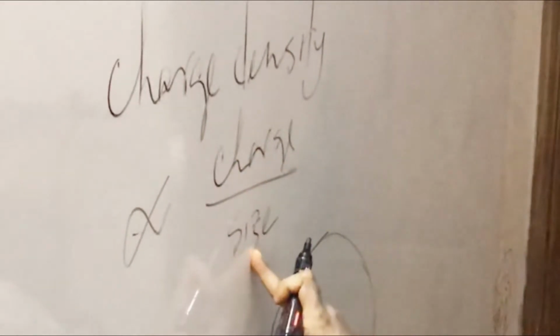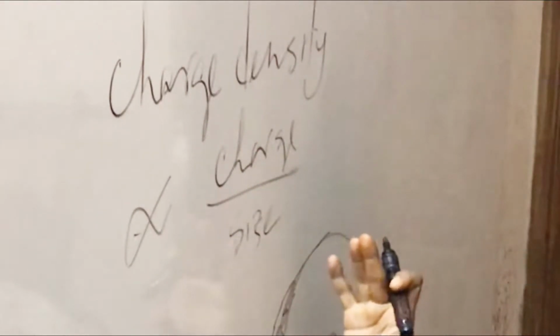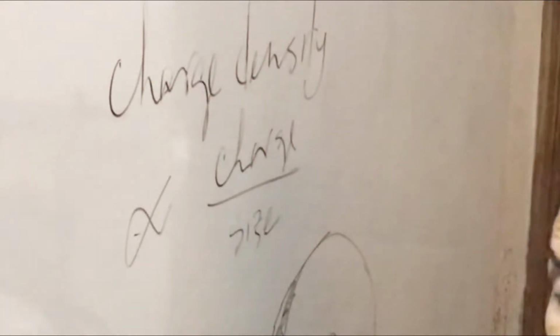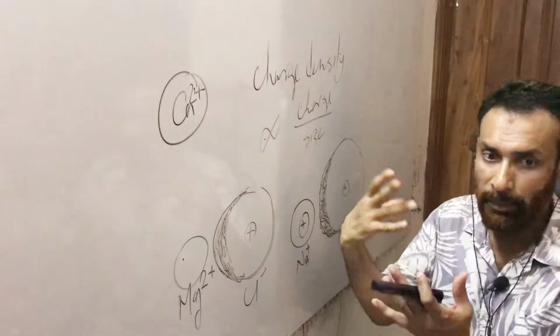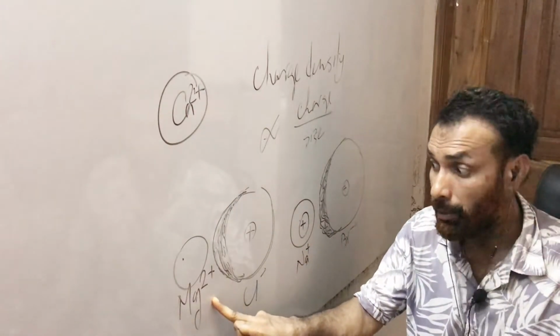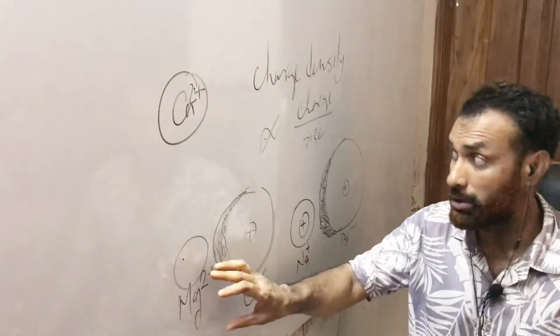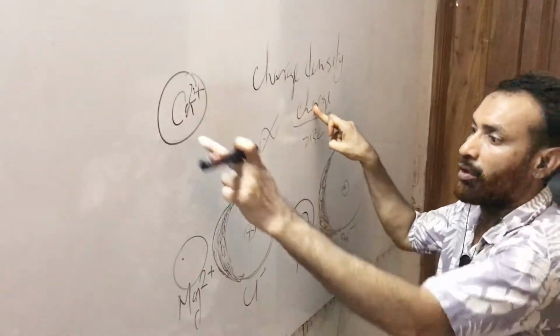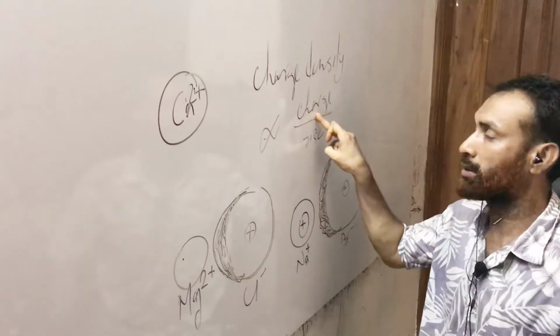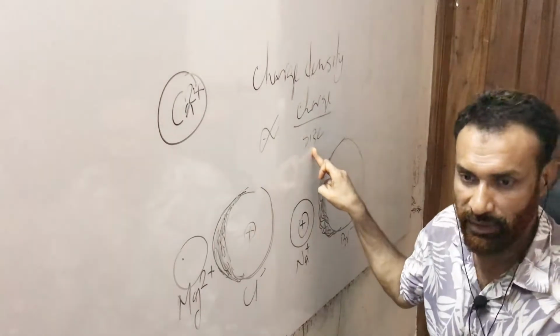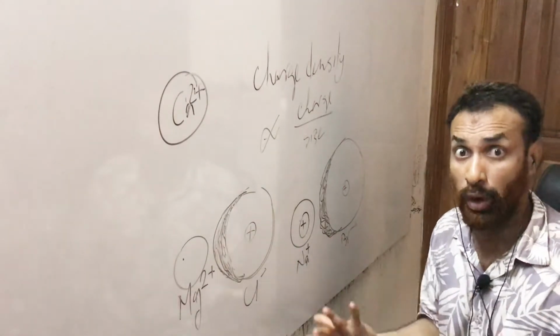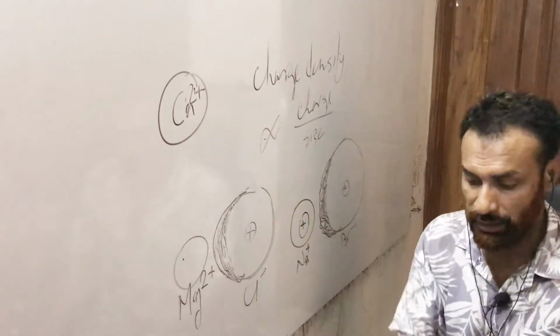And here you get size. If size is bigger, then charge density will be lower. And charge density is the factor. Magnesium and calcium have the same charge, but charge density of magnesium is greater. Why? Because this is smaller. The charge is the same for both ions, but size is different. The ability to distort, this polarizing power, would be greater than calcium.